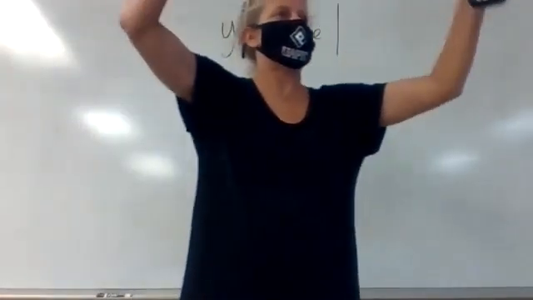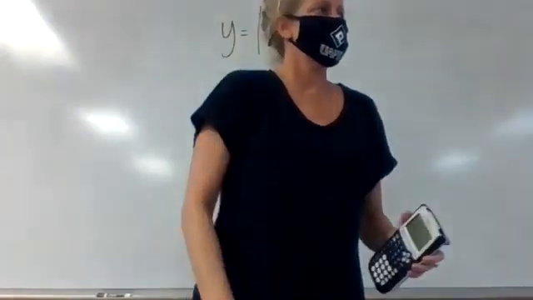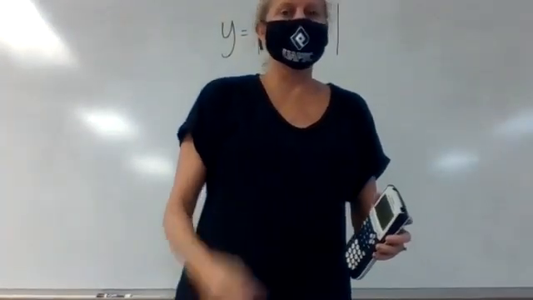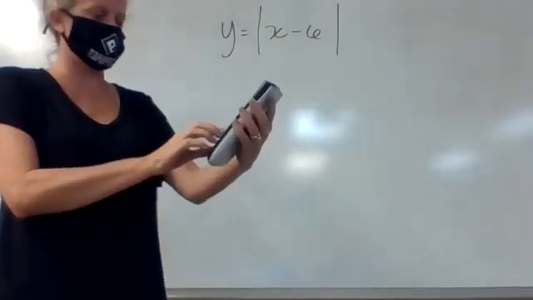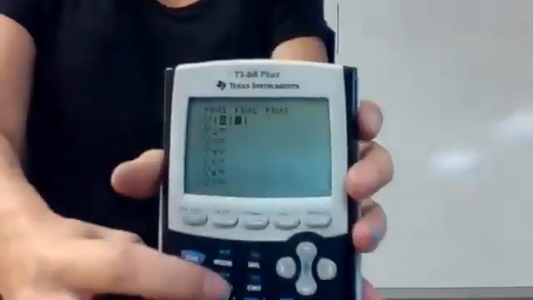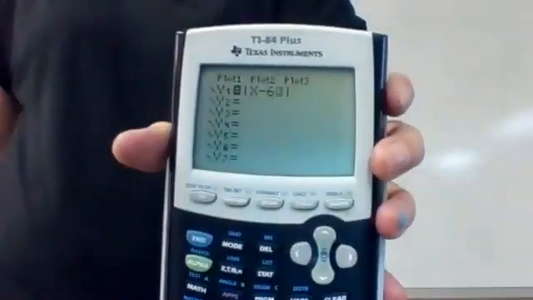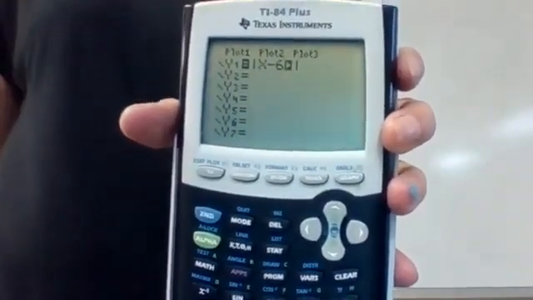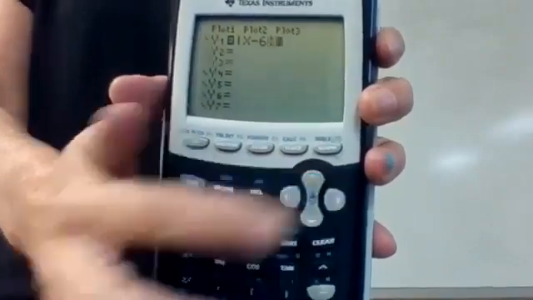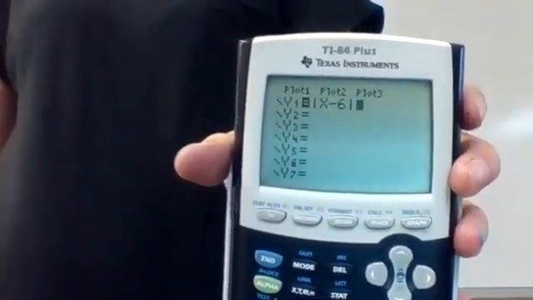So now you should see in your y equals some absolute value bars. So just type x minus 6 inside of that. To be safe, arrow to the right to get out of the absolute value bar. I don't think it's necessary, but.